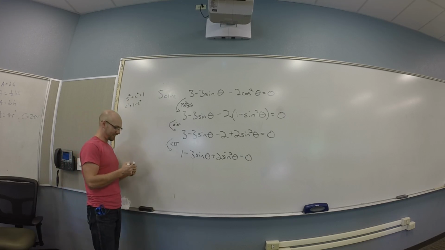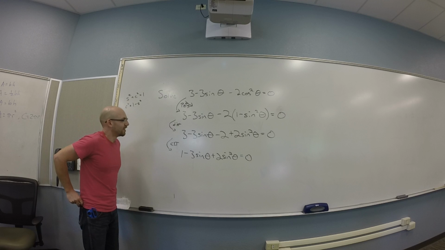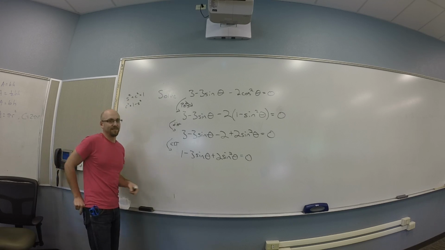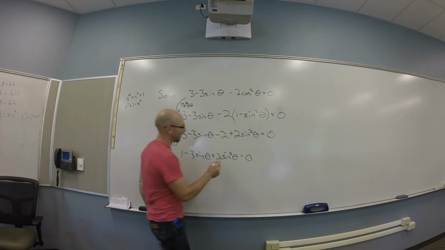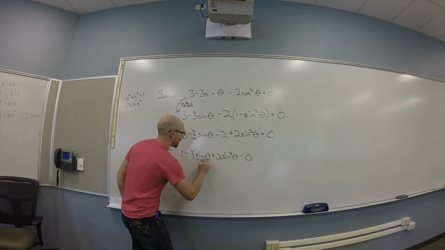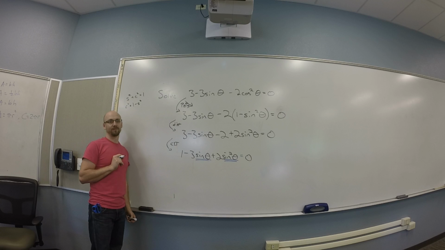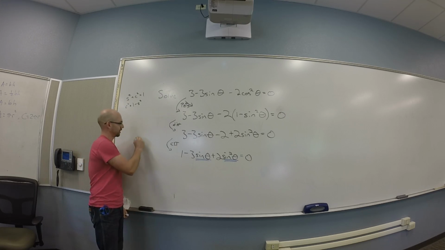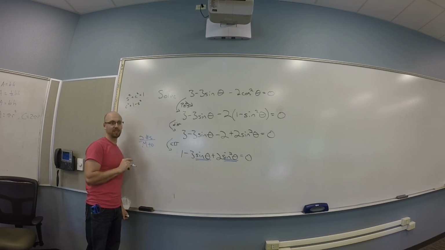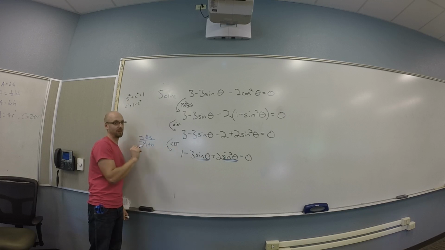The AC factor method is you look at this thing, and I'm thinking about sine theta as a variable by itself. I want two numbers that multiply to a times c, which in this case is 2, and add to negative 3.